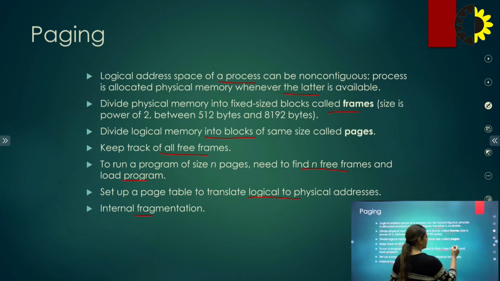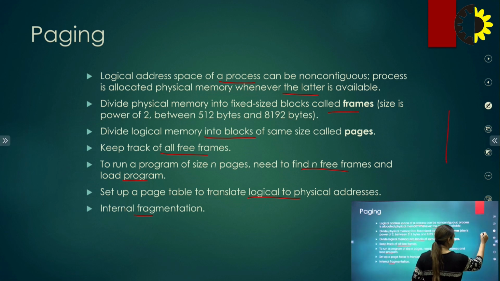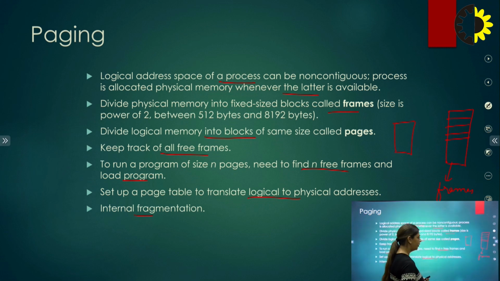Now, what is the concept of paging? There is one physical memory, right? It is divided into fixed size blocks, and those blocks are called frames, right? Now, we have one logical memory, right?